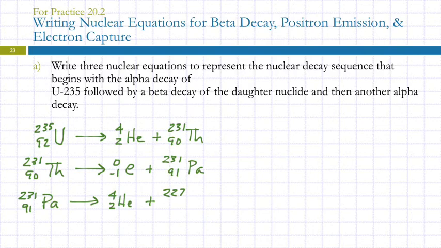And 91 minus 2 is 89. And element 89 is Ac, actinium. Any questions? Writing the nuclear equations is mostly memorizing those symbols so that you know what the symbol for beta decay is.